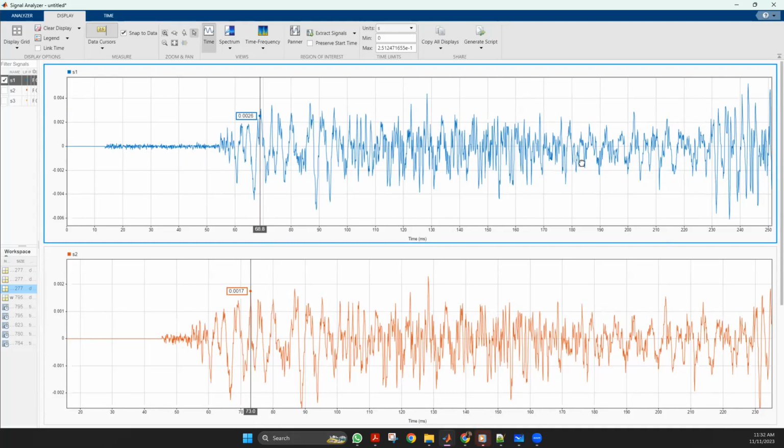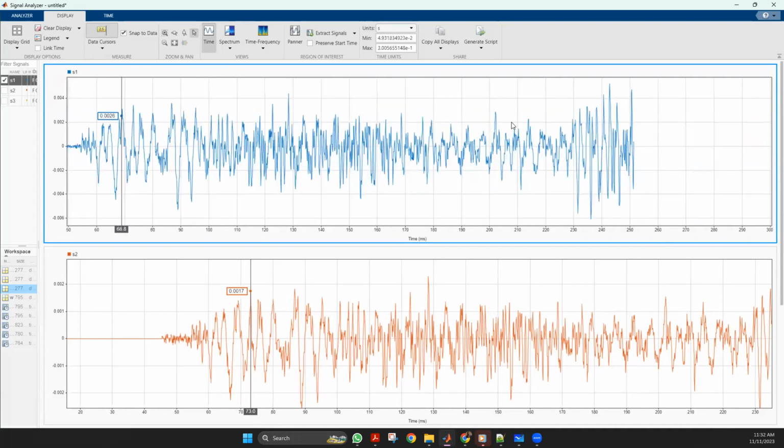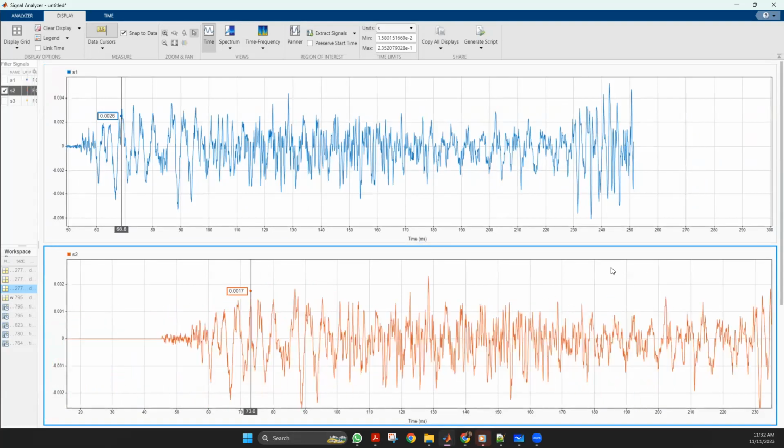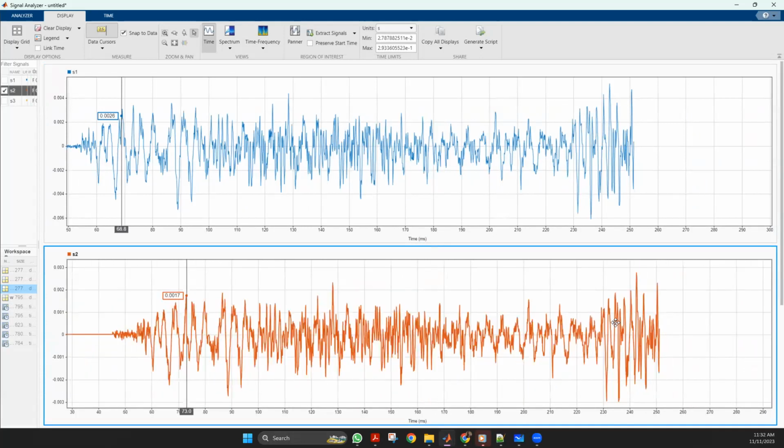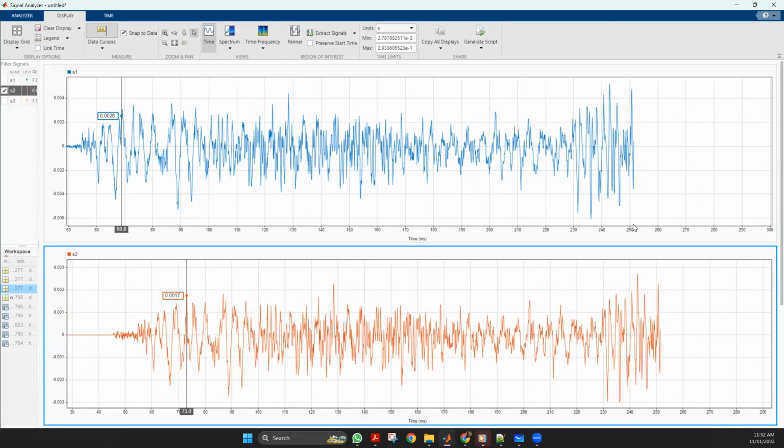As I said before, you can go to the end part of the signal as well and do the analysis for this end half of the signal. In the end half, we can see higher peaks than the initial signal sections. In here we have high peaks of 0.0025.